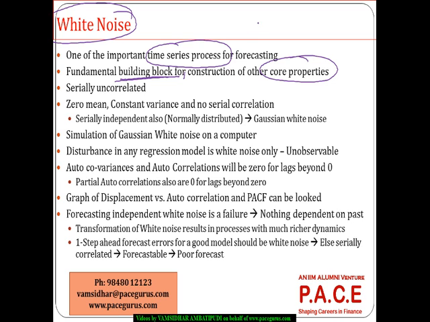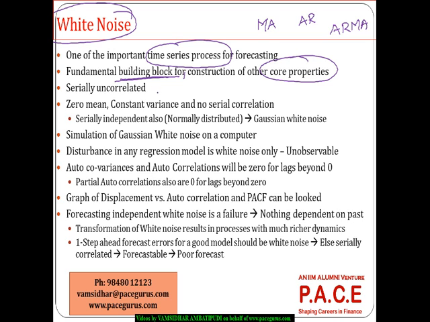At a later point, when we are looking at moving average processes or autoregression processes or ARMA processes, we try to use this concept of white noise, which will form the core. So that's the reason we have to understand the white noise.